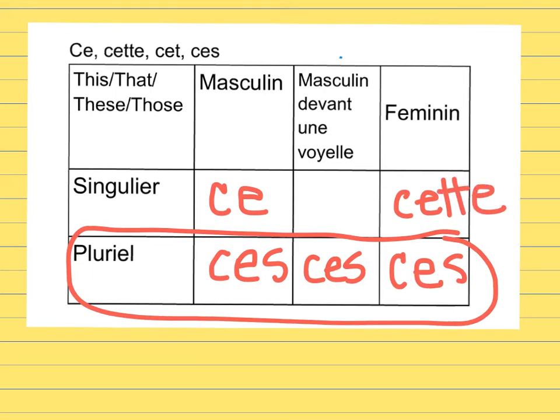Now there is a problem when we are using this ce before a vowel, okay? We don't like not having a consonant there. It just doesn't sound right. Ce homme. Okay, so cet homme, this man, okay, we would have to then use cet before a vowel. Okay?